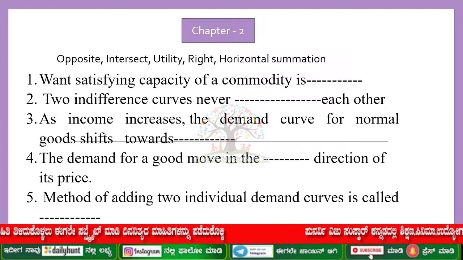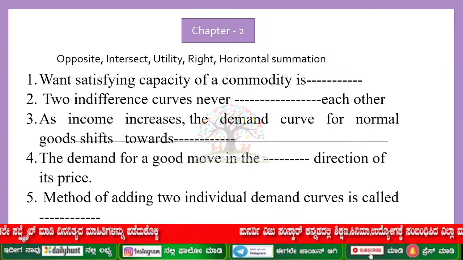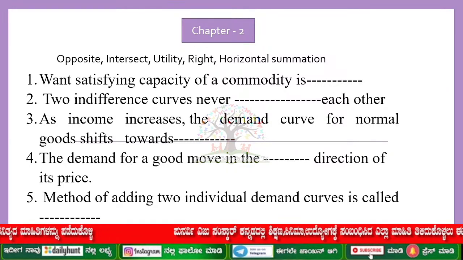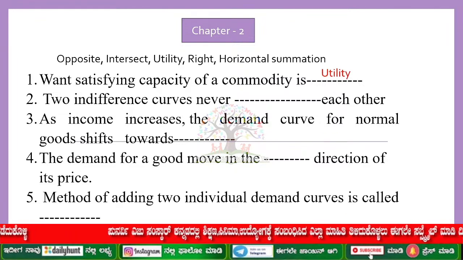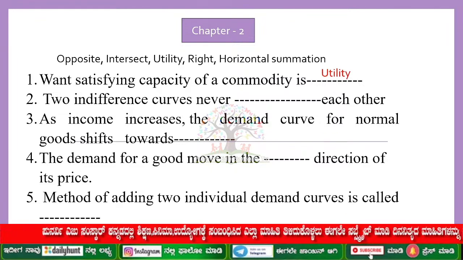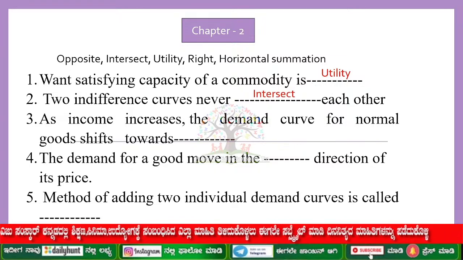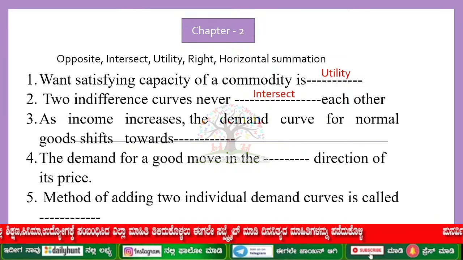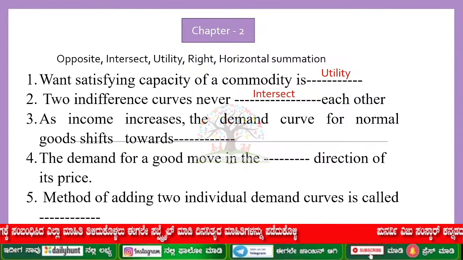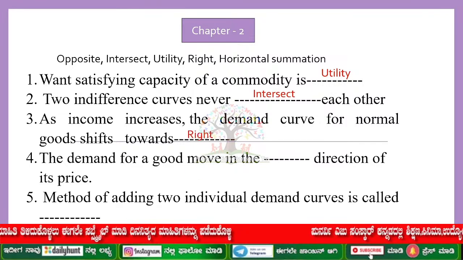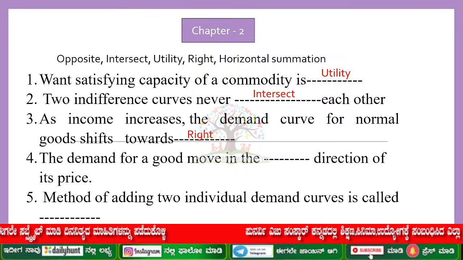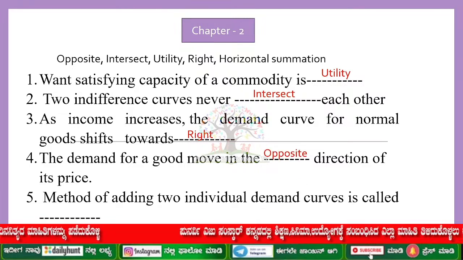So here also you can see above you have answers, you have to choose. One, the satisfying power of a commodity is utility. Two, indifference curves never intersect each other. As income increases, the demand curve for normal goods shifts towards the right. Demand for a good moves in an opposite direction to its price.